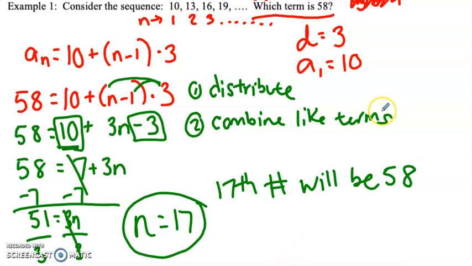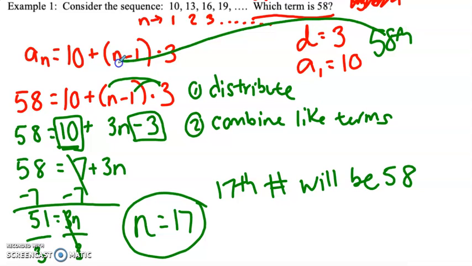All right, so again, if it asks for the 58th term, that's when we're plugging in something for n. But if they do not want that, we have to work backwards and do all this lovely algebra. Woohoo! Cool? All right, let's move on to some word problems.